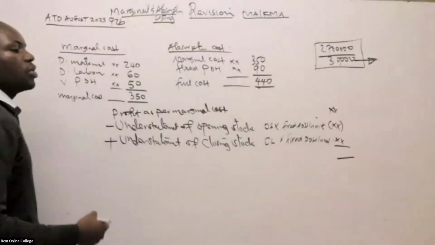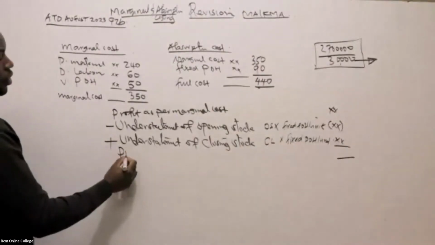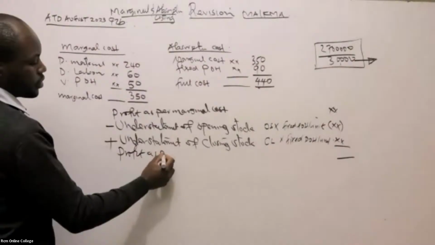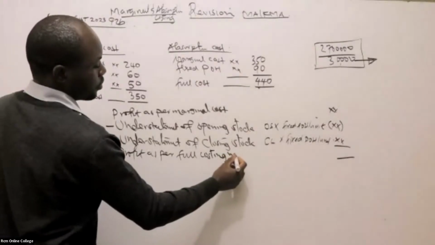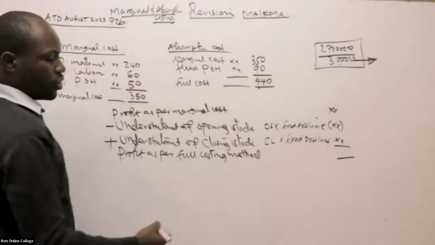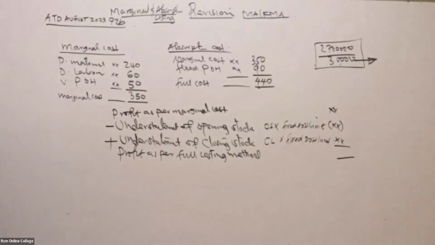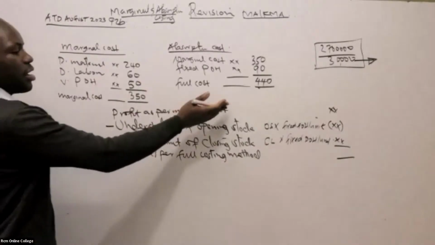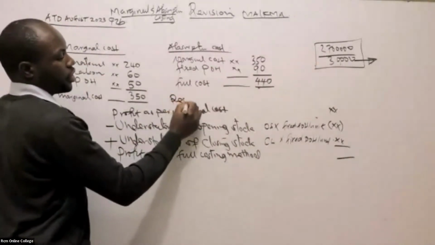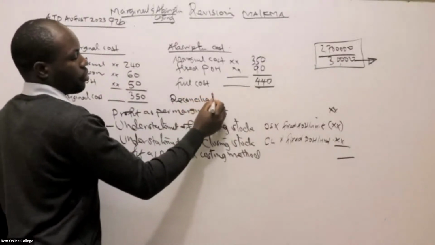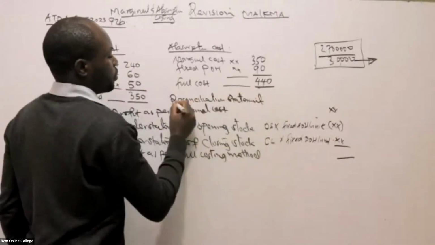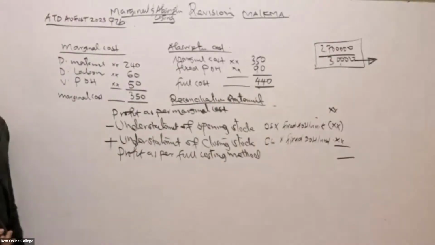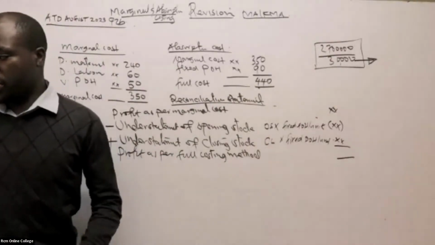Once you adjust that, whatever you'll be getting will be your profit as per full costing method, which is the absorption costing method. If you prepare something of this kind, we call it a reconciliation statement. You are trying to reconcile the cause of difference between net profit as per marginal costing and the profit as per full costing.